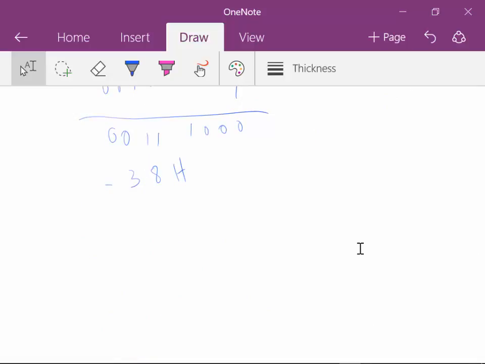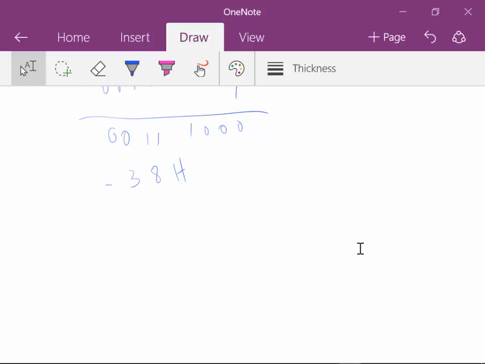Now, what gets tricky is that we're going to use this to do subtraction. What we want to show is that if we add two numbers together, one positive and one negative, we get the right answer. The reason we do that is that for computers, it's easier to build adders than it is to build subtractors.